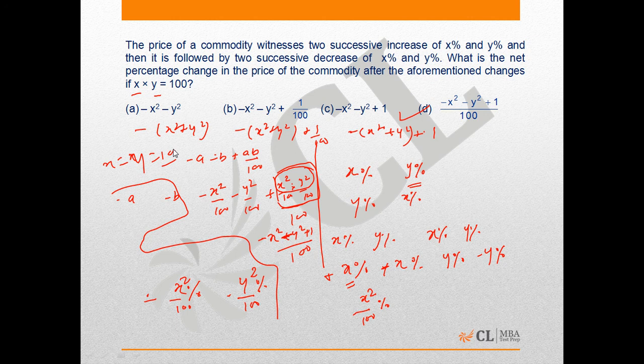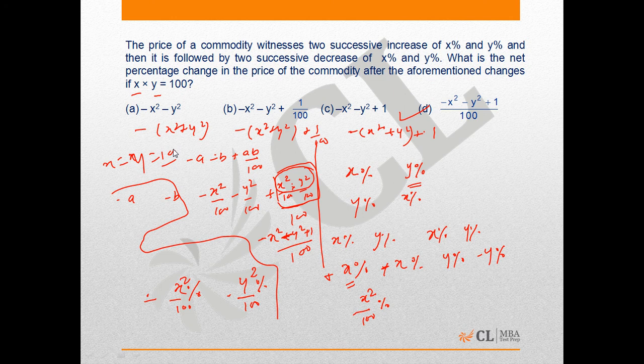And now coming to option C, it will be equal to 99%, and in case of option B, it will be around 100%. Now by using common sense, there could not be such a situation where by giving a discount the price of some commodity would reduce near to 0.